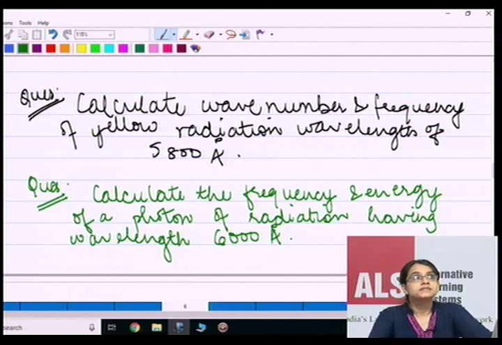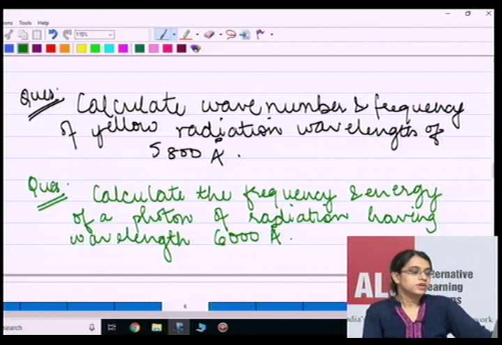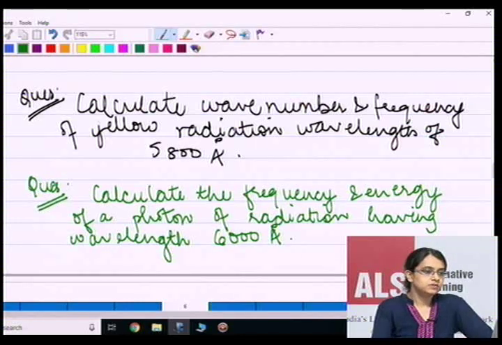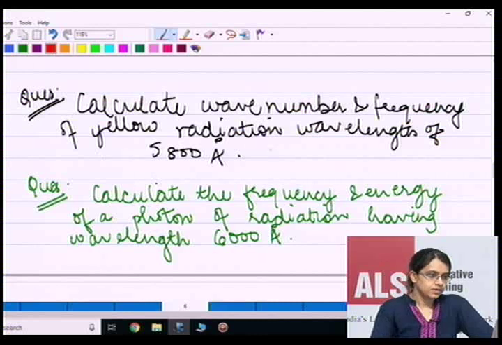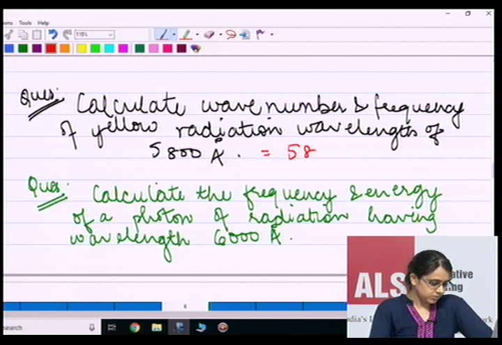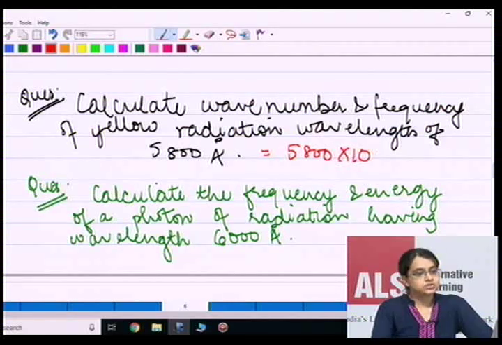Students, I think the mistake you're making here is you're not converting the wavelength given to you into SI units. Please ensure that you do that. Christukula, I'm giving a quick solution for you. The wavelength is actually equal to 5800 into 10 to the power minus 10 meters.